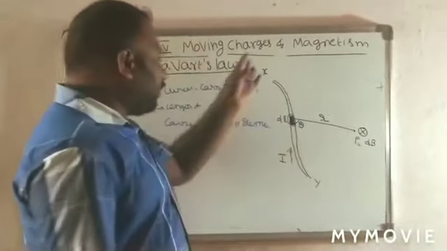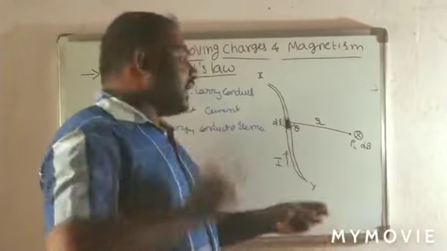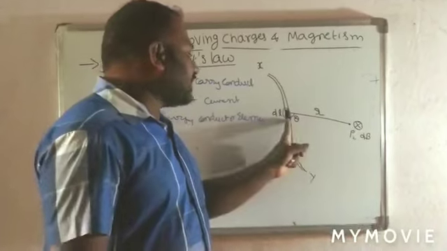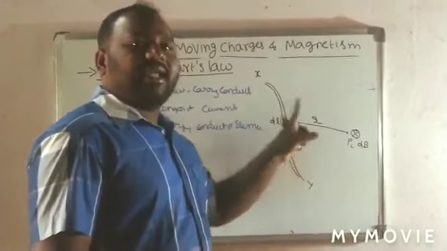I take the total length of the conductor, and from that I consider only a small portion. That portion can be called a current carrying conductor element.